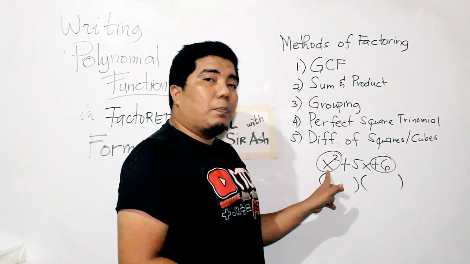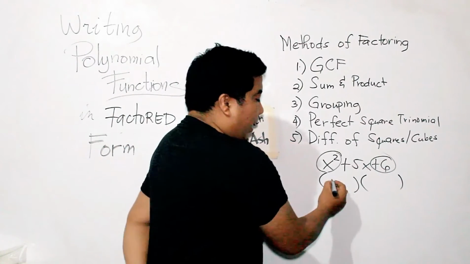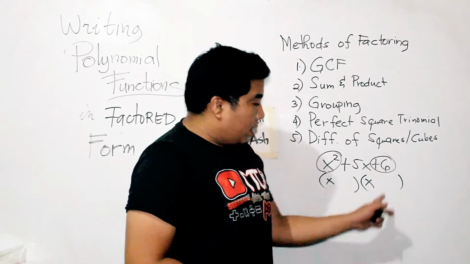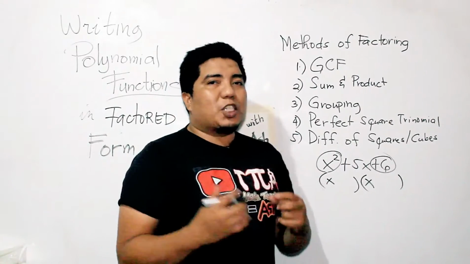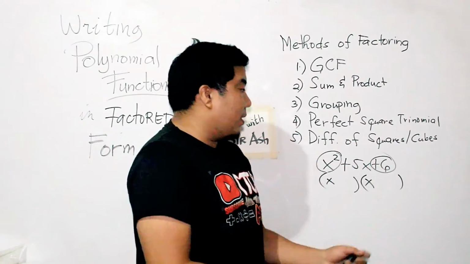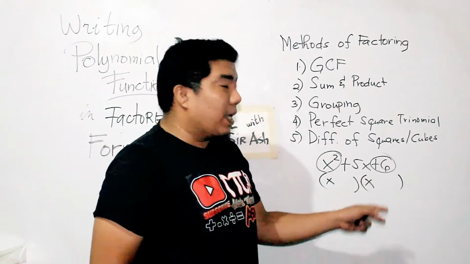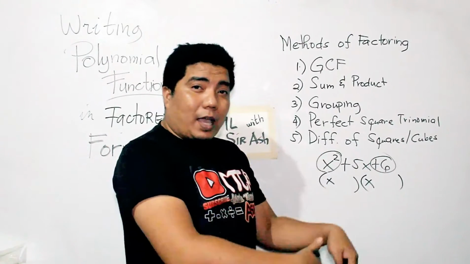The first term is x squared. When you factor x squared, that is x and x. Next is positive 6. What are the factors of positive 6 such that when you add them, the answer is positive 5? This is where the sum and product pattern will be applied.